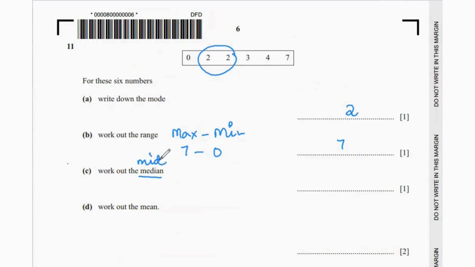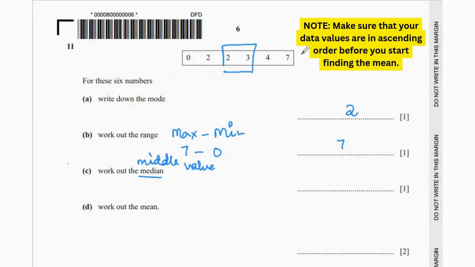So middle value. If we look at the data set, the middle value is going to be between 2 and 3. Why? Because this is an even number data set. In an even number data set, the total number of values is even. We have 6 values, so that's an even number. If it was an odd number data set, then the value right in the middle of the data set is your median.